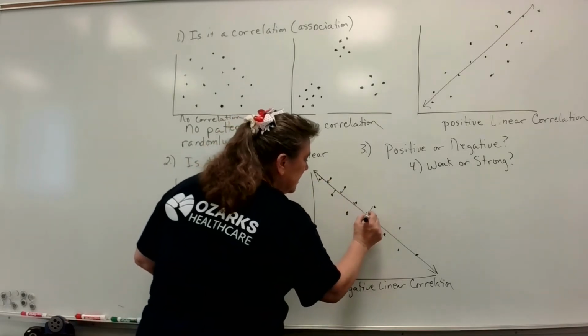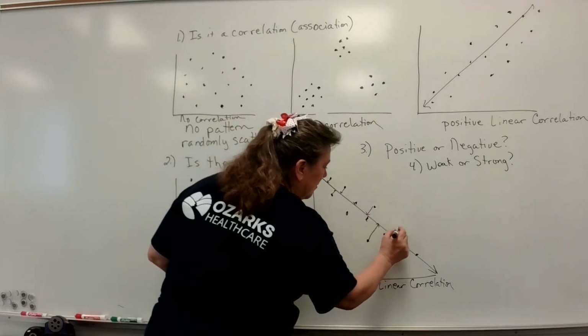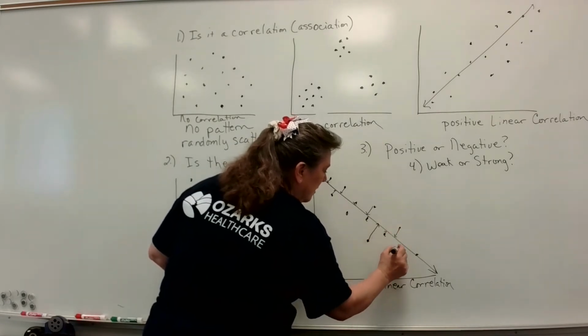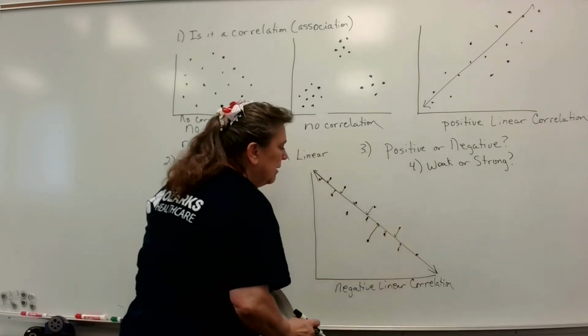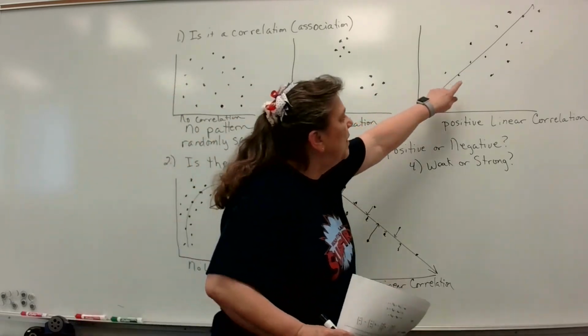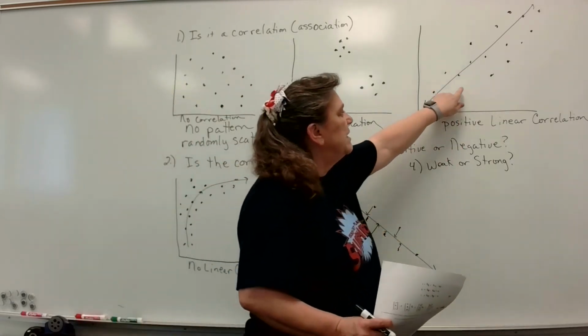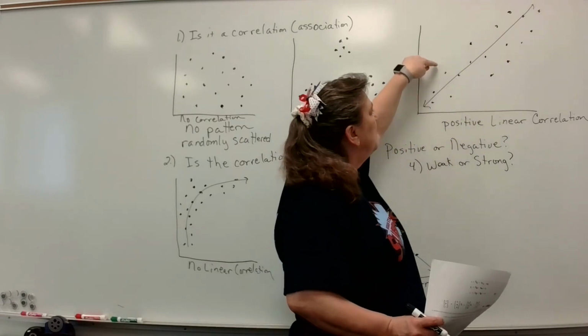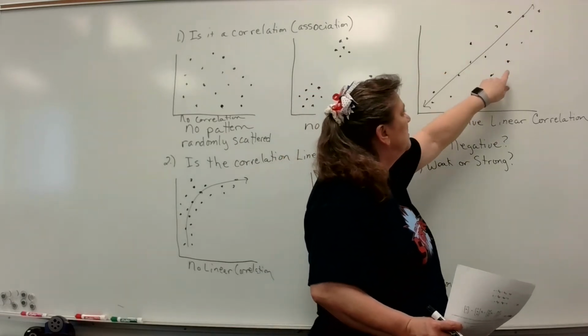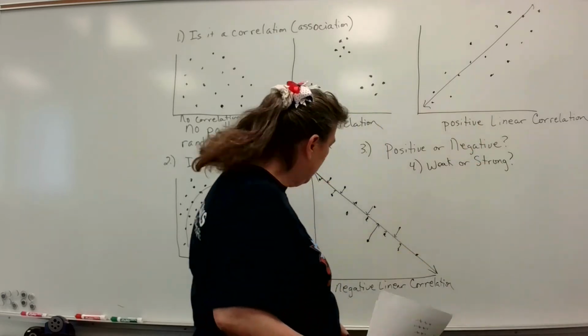If we look at these two that we have drawn already, this one is weaker than this one because it has quite a few dots that are quite a ways from the line. This one and this one and this one are farther from the line.